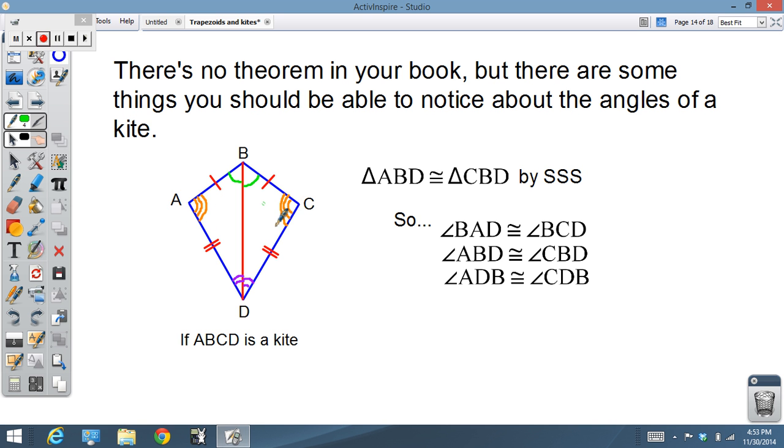This angle A must be congruent to angle C, and this angle here must be congruent to the one down here. In other words, the diagonal that splits the kite between the congruent sides bisects the angles, and those other angles are congruent as well.